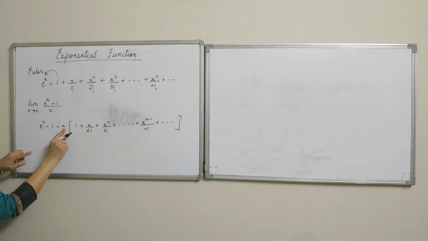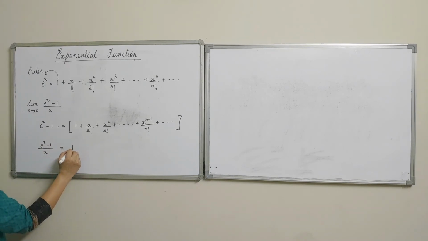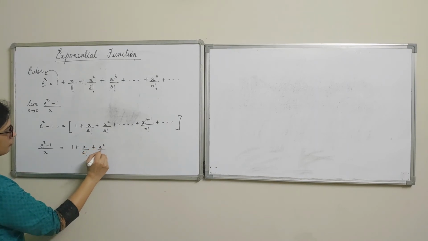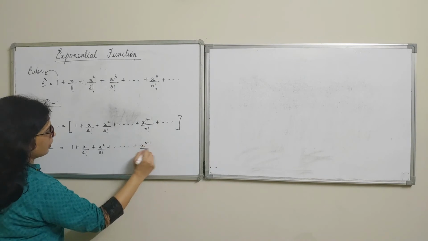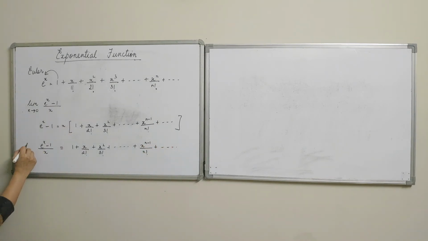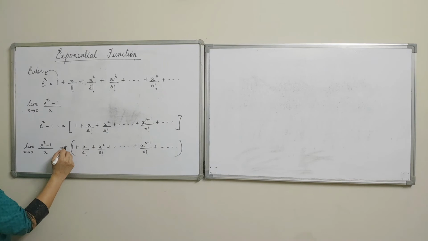Okay, now bring this x to the left hand side. So we have e to the power x minus 1 upon x, which is equal to this expression. Now in the next step, let's take the limit. So I'm writing down here, limit x tends to 0 of this expression would be equal to the limit of the expression on the right hand side.